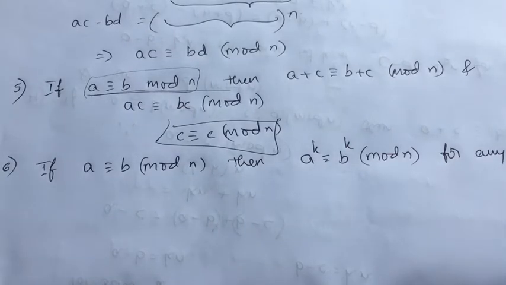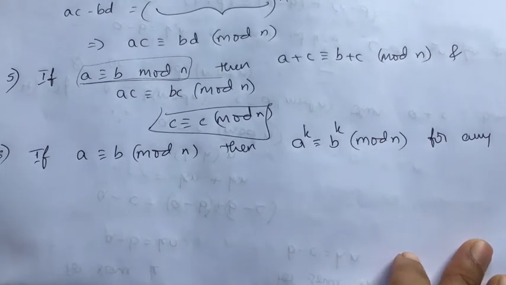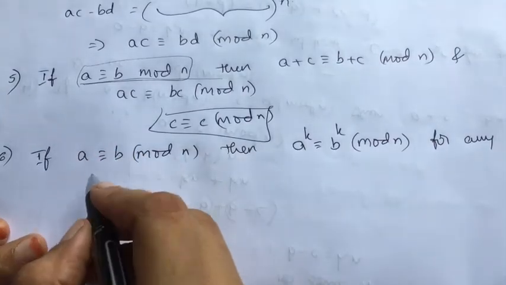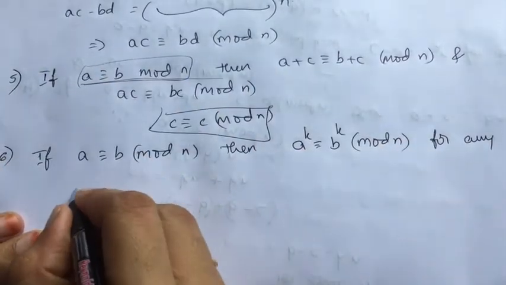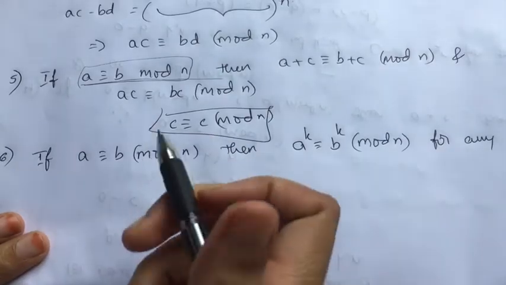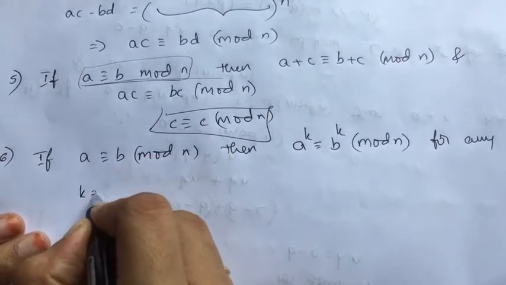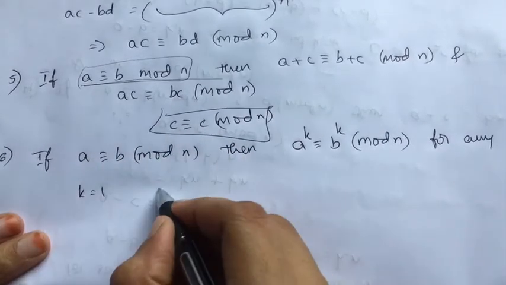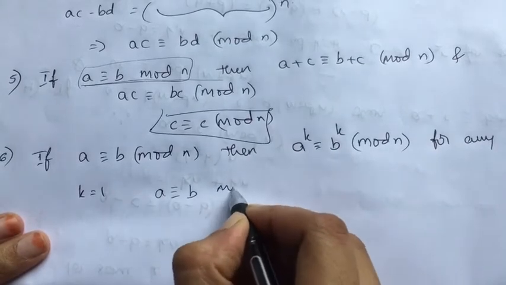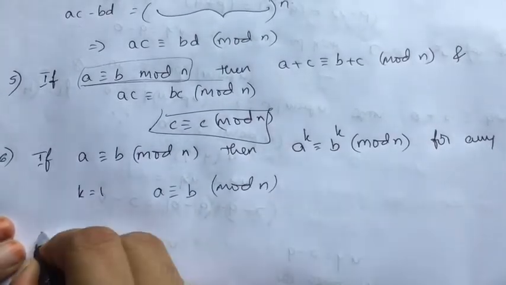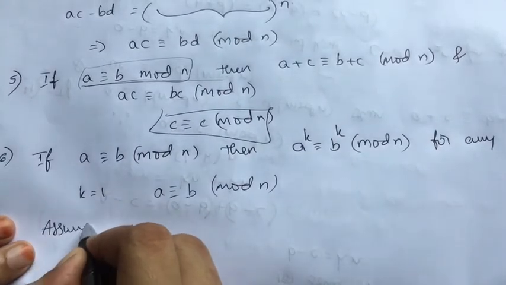This we are proving by induction. I'll assume the result is true for k. When I take k equal to 1, there is no problem: A is congruent to B mod n. I'll assume this is true.